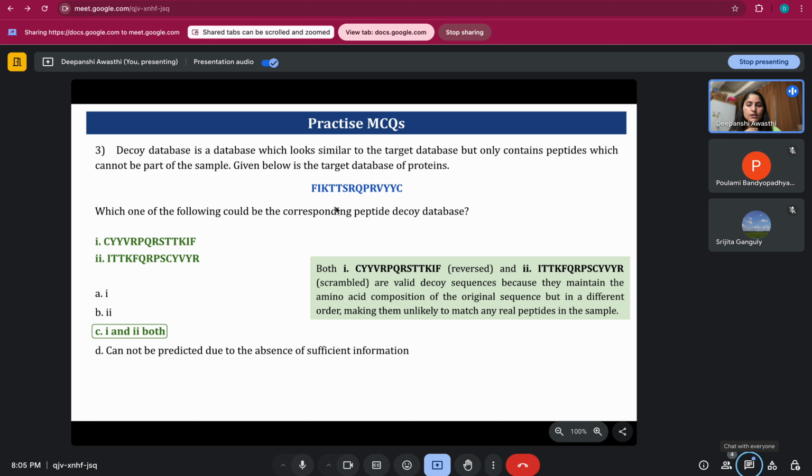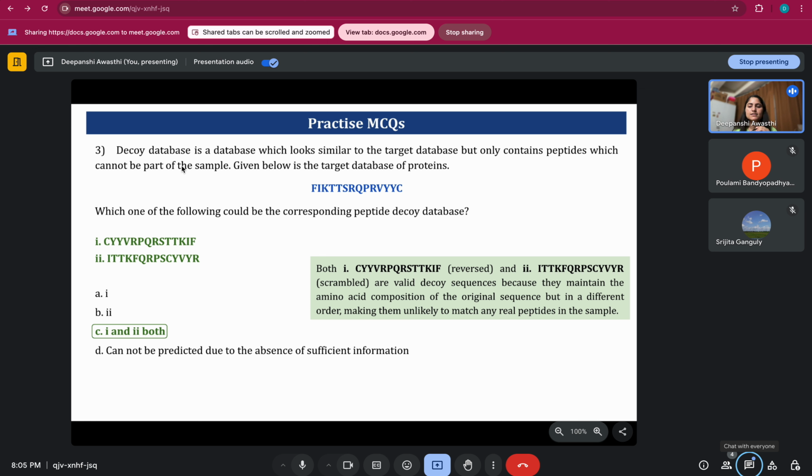Now I will tell you what a decoy database or a decoy sequence is. A decoy sequence has a similar composition to that of the sample sequence, but we alter the pattern of the sequence. We alter the way in which those sequences are arranged, so that we can check whether the peptides fragmented by mass spectrometry are randomly generated or accurate.